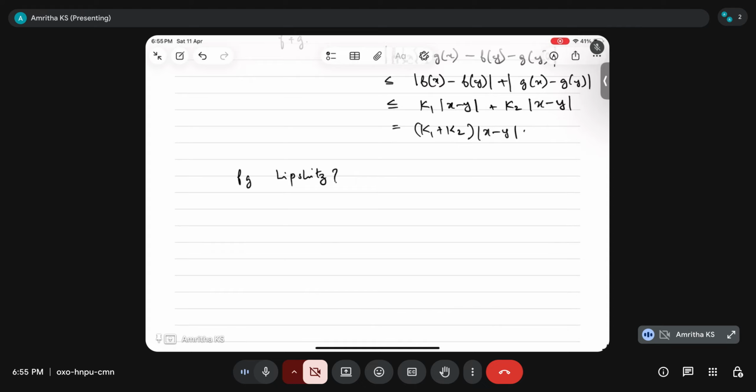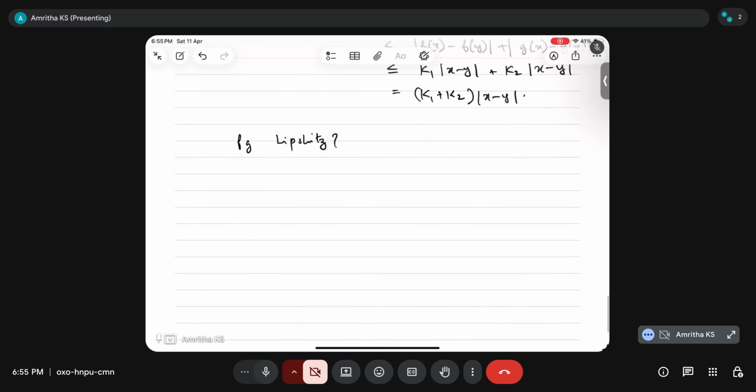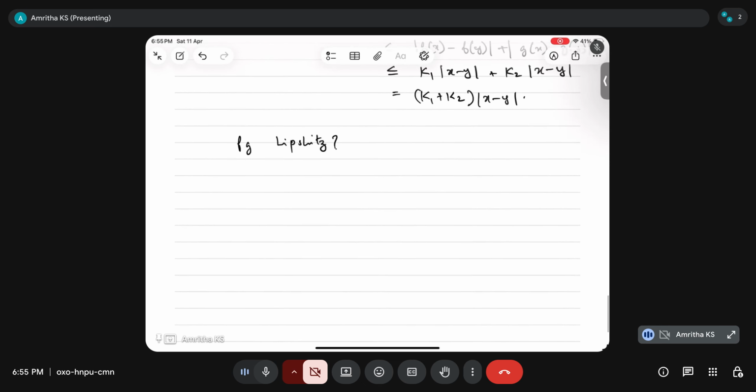So this is not true actually. One can find a counterexample. So this is true if f and g are bounded on it.